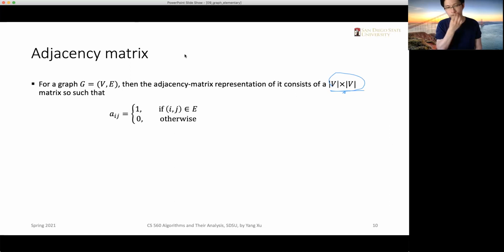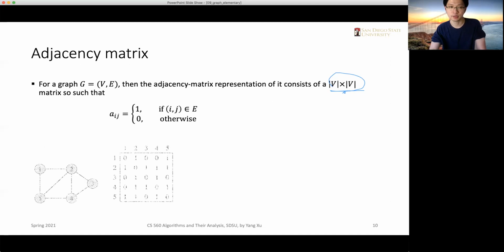We use the entry in that matrix to represent whether 2 vertices are connected. If the edge from I to J exists, then we let that entry be 1. Otherwise, it is 0.